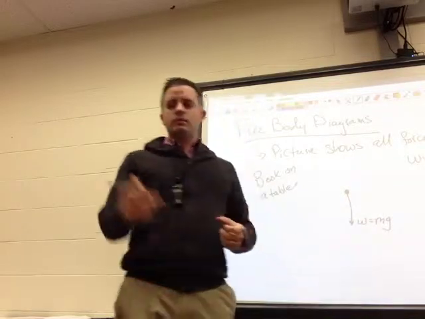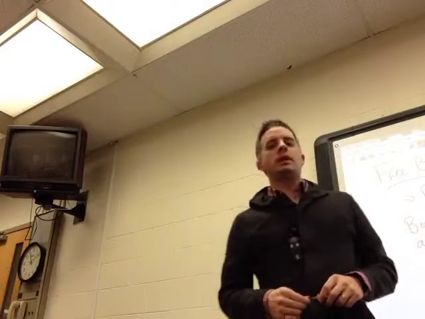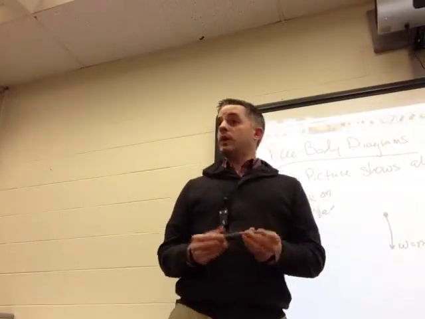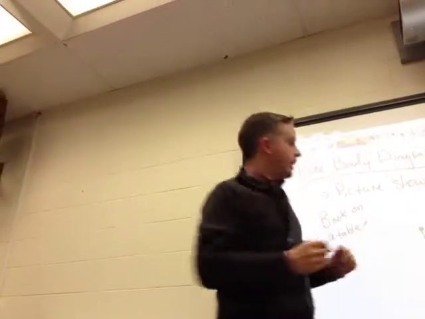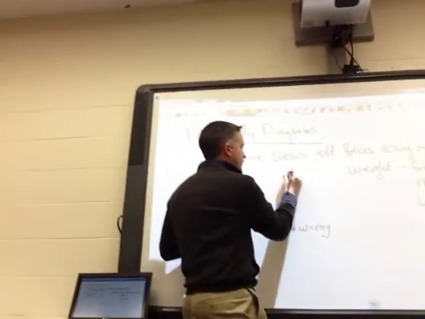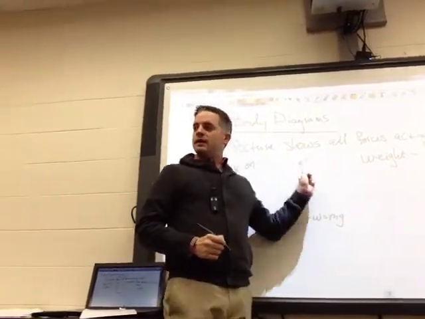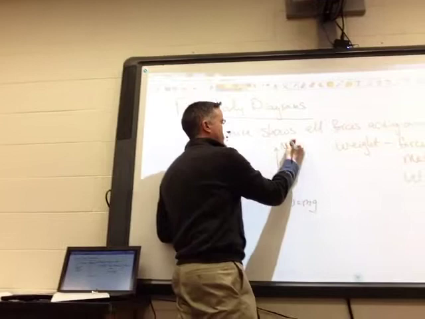Okay? What else is, like Brian's folder right here? What do you think is also applying a force on his book? Table, right? The table's pushing up on it. Okay? This force that's pushing it up, we call the normal force.